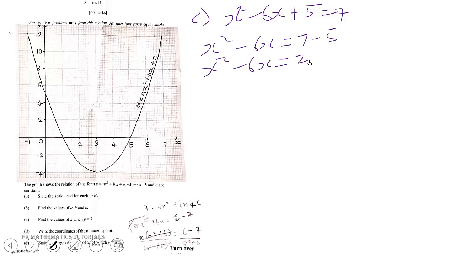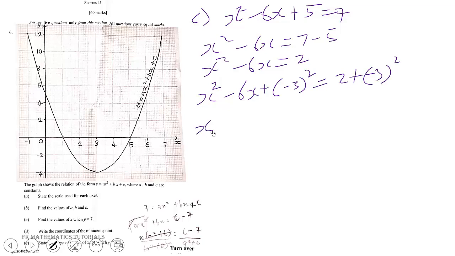For the completing the square method, we have to add the square of half the coefficient of x to both sides. Half of negative 6 is negative 3, so negative 3 all squared to both sides. So 2 plus negative 3 all squared.